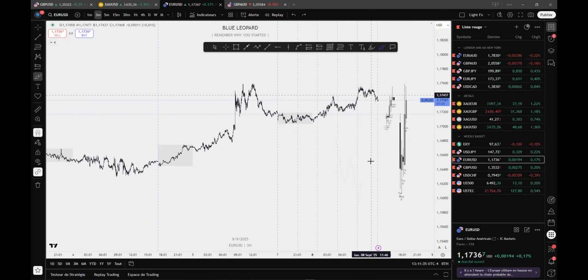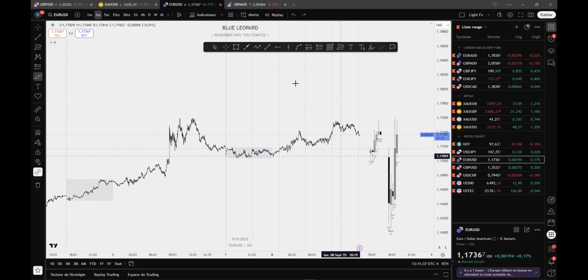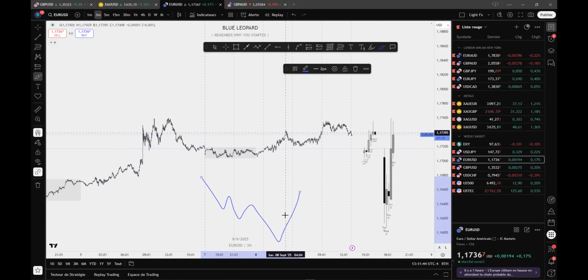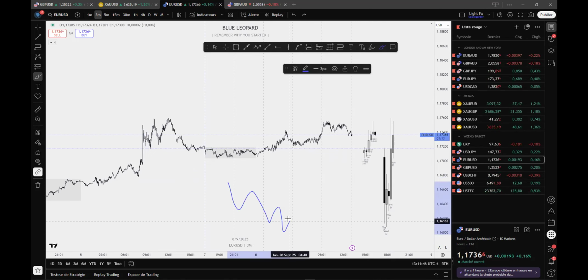Okay, now let's do this together, right? I said, first of all, if we have a price going down, and then we have a change in direction, even before we break the daily structure, we need to go on a lower time frame.